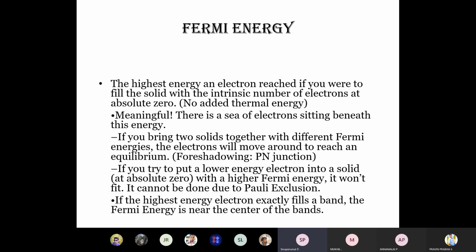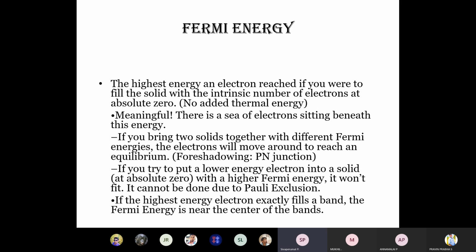Fermi energy level: it was already mentioned between the covalent band, valence band and conduction band. The definition of the Fermi level is the highest energy an electron reaches if you fill the solid with the intrinsic number of electrons at absolute zero, where there is no added thermal energy. Meaningfully, there is a sea of electrons sitting beneath this energy.